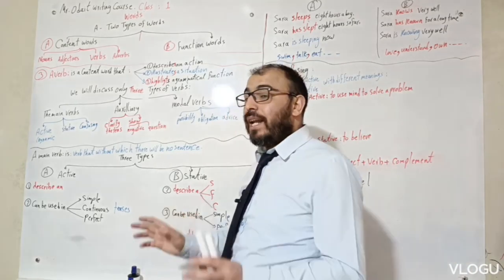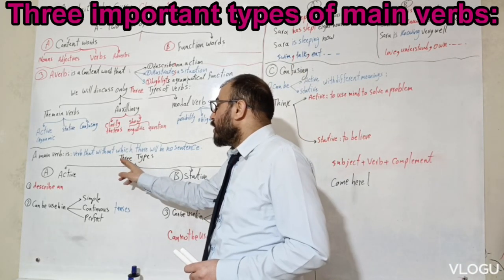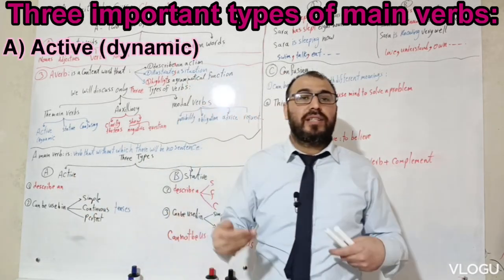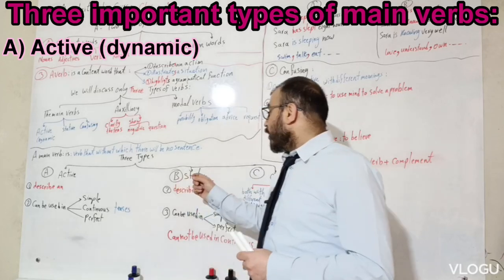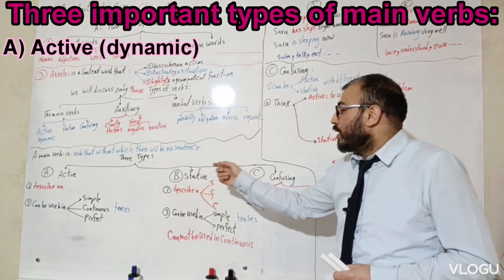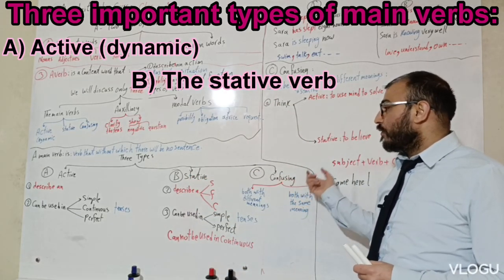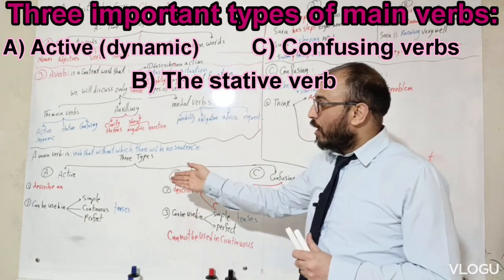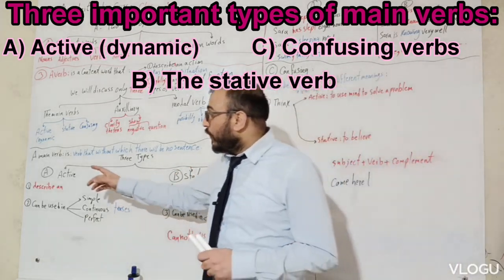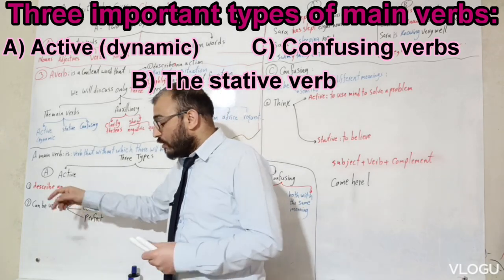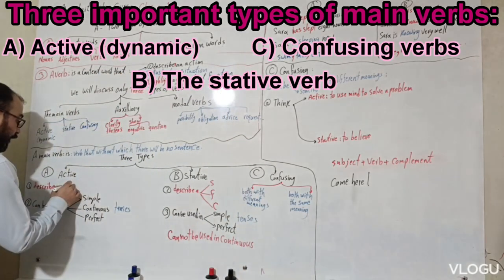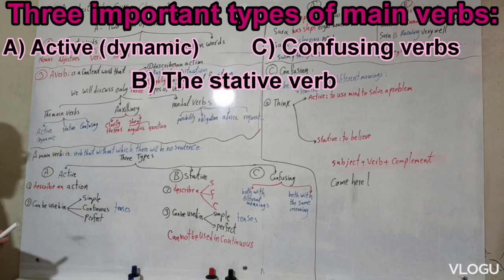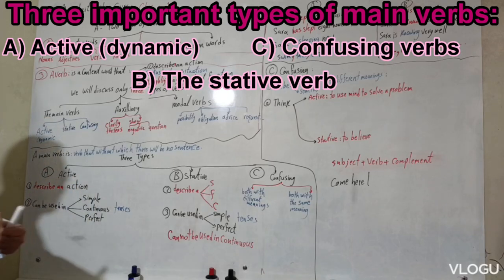We classify the main verbs into three types. The first one, my friends, is called the active, and some people call it dynamic verbs. The other one is called the stative verbs. The third one, confusing verbs. Let's make a quick comparison among those three. The first one, the active or the dynamic, generally describes an action, something happening.